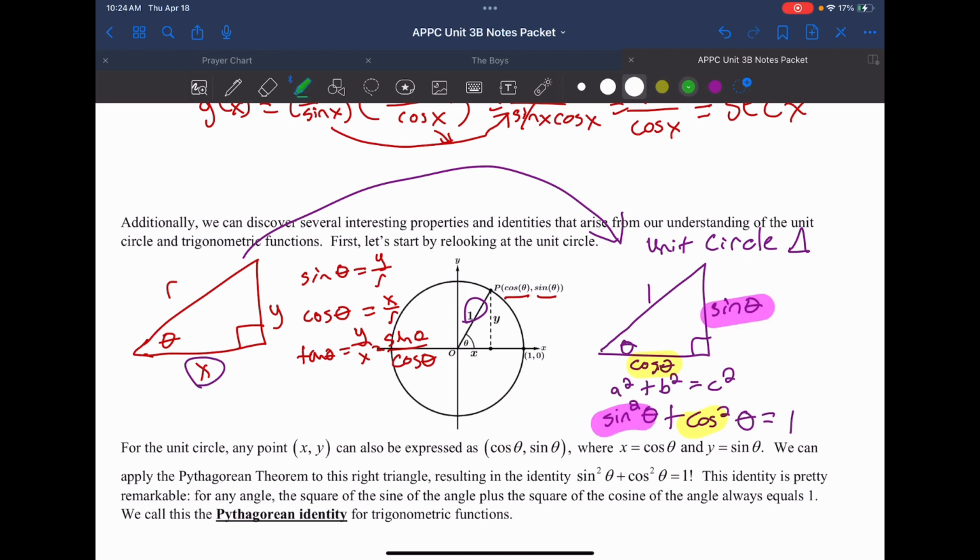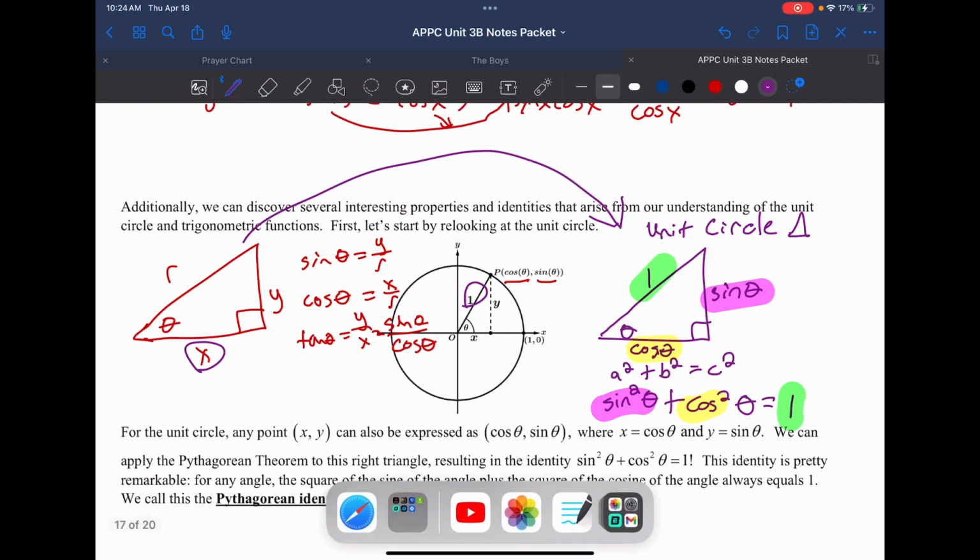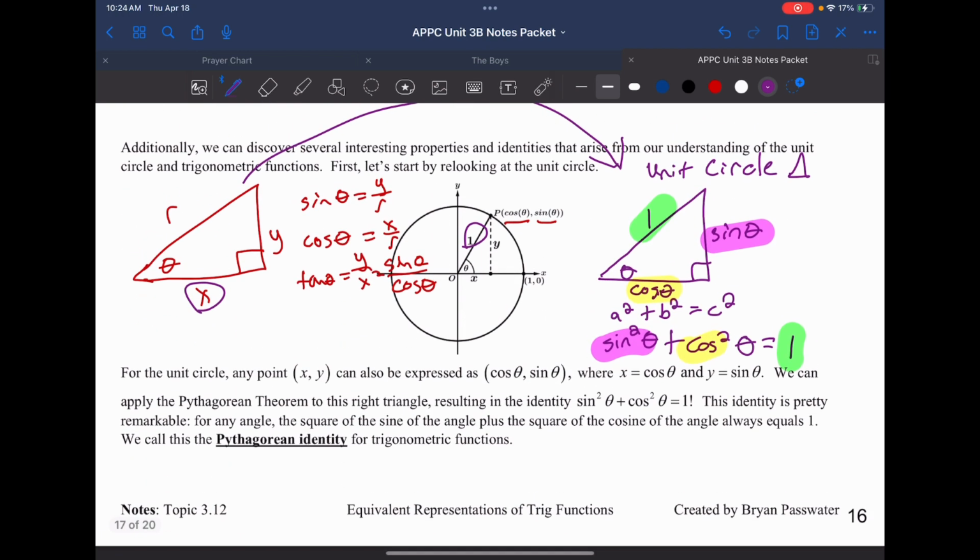Just from writing the parts of the unit circle here, and I'm highlighting to show you where I plugged in everything from, I get this super important identity: if I have an angle theta and I take sine squared of that angle and add it to the square of cosine of that angle, it is going to add to 1. This identity is pretty remarkable and really useful.